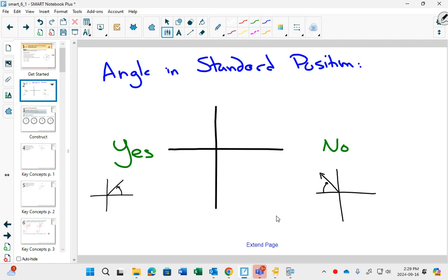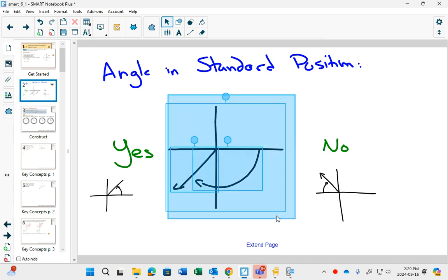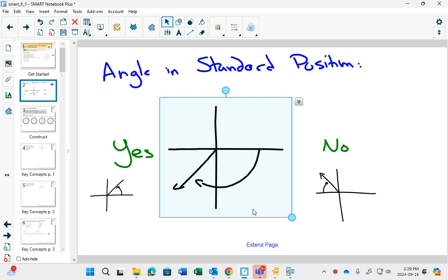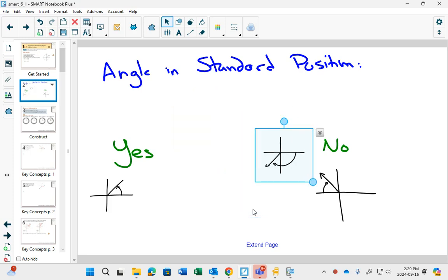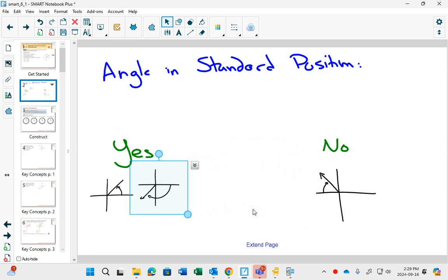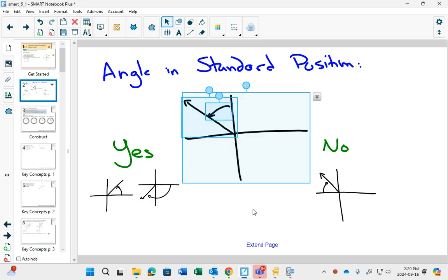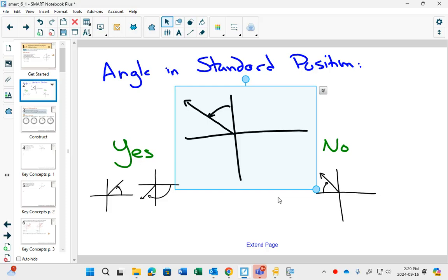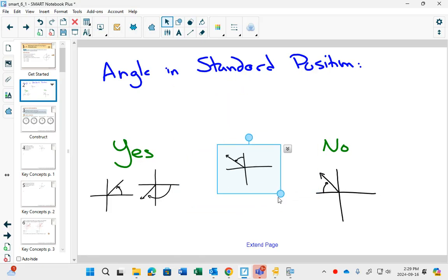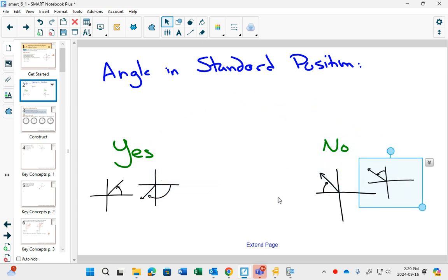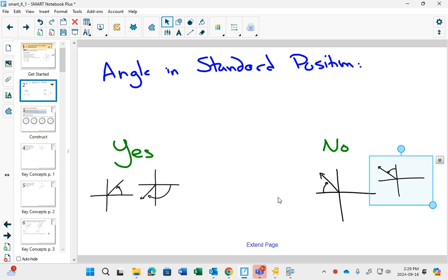All right. This one? No. Yes? That's gotta be yes, since it starts on the right. No, it's not.